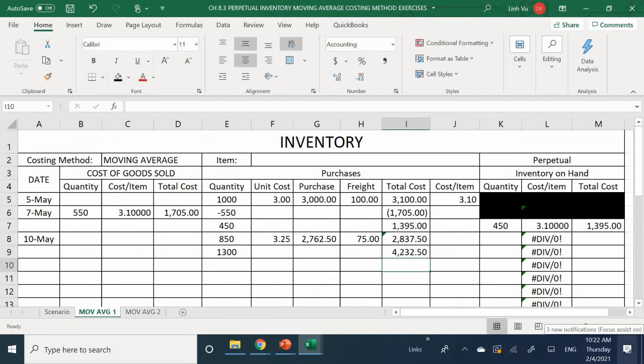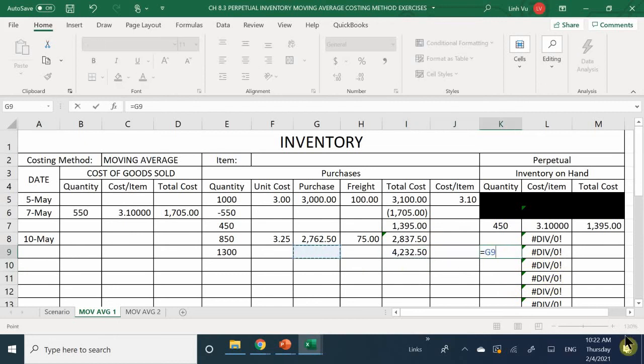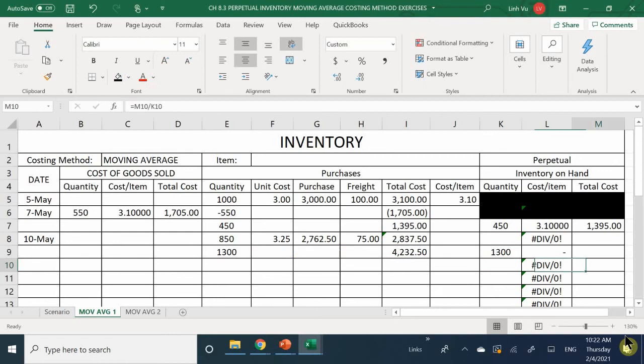Right now I have 42.32.50. And what I'm going to do is instead of calculating my average cost, which you could do here, I'm going to go ahead and move it along into my inventory worksheet because I do already have my formula in here already.